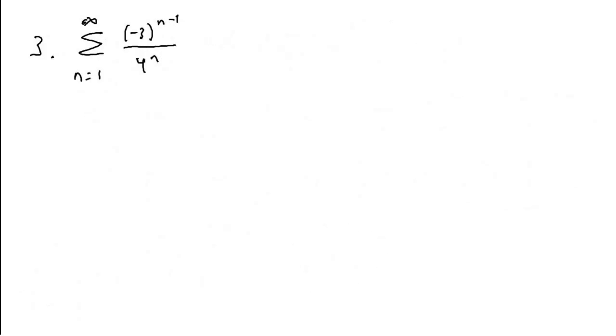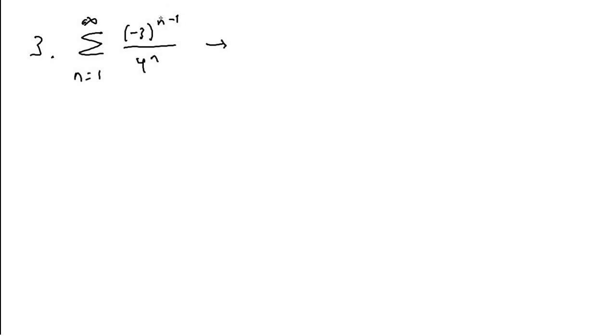So now for number 3, we have the series from 1 to infinity of negative 3 to the n minus 1 power over 4 to the n. Now, similar to the previous problem, this doesn't look like a geometric series at first, but we have to manipulate this series in a way so that it looks like the geometric test. So notice how in the exponent we have n minus 1.